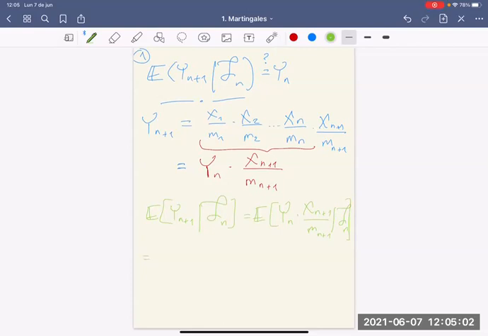Now, by invoking the argument of measurability, I can say that this thing is known up to time n.